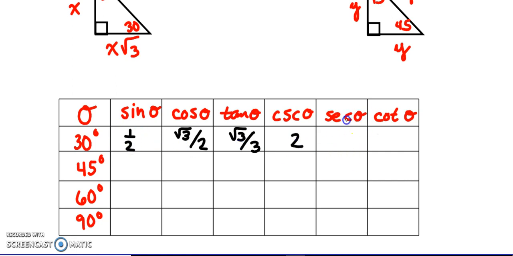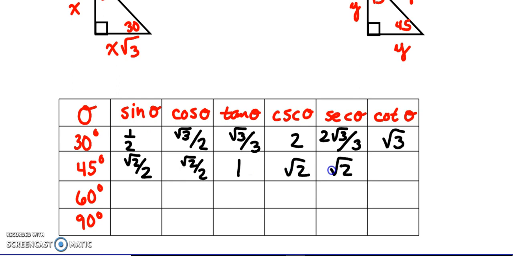For secant, you're flipping this part here and simplifying it down, so it's 2 square root of 3 all over 3. And then flipping this and simplifying it, cotangent is square root of 3. For 45, these are pretty simple for right now: square root of 2 over 2, square root of 2 over 2, 1, and then square root of 2, square root of 2, and 1 here.